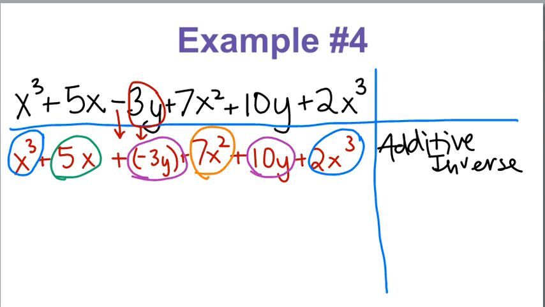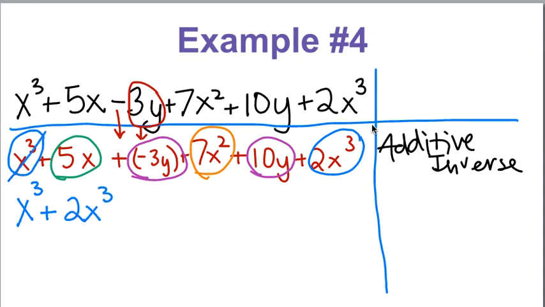So my next step is going to be to commute. I need to commute my terms around so that everything that's alike is together. So now remember, alphabetically, we go in alphabetical order by exponents. So I have x to the third power. I don't have any other third powers, so I know that's going to the front.